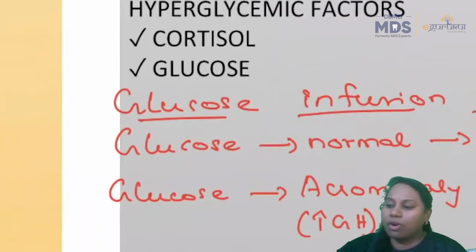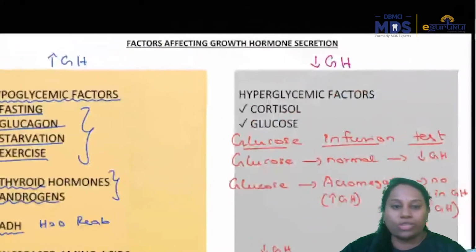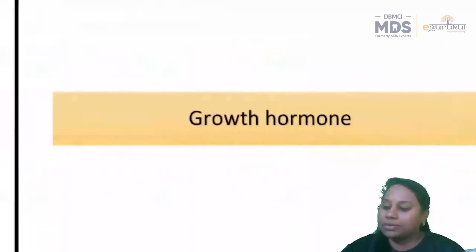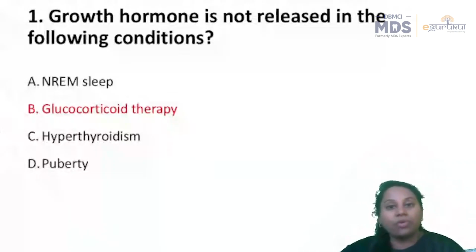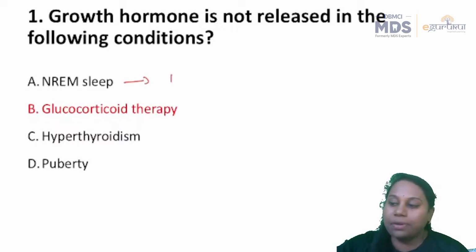So these are all the factors which would decrease growth hormone levels. So clearly cortisol, you can see it will decrease growth hormone levels. I think that was the question. Back to the question. Growth hormone is not released in which of the following conditions? What about NREM sleep? NREM sleep increases growth hormone.